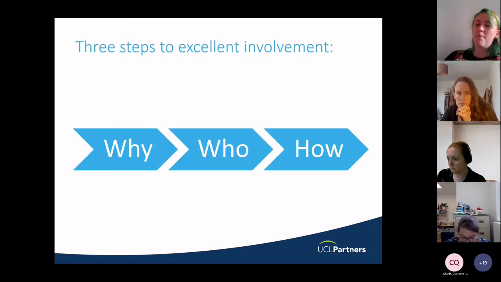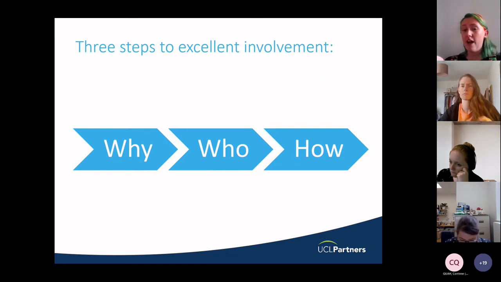So the final step is this: how. This is where you start thinking about designing an activity. Now, for a lot of people, that feels really counterintuitive, that the activity kind of comes last. The reason is that if you start with an activity, you're then going to start wedging in why you're doing it, and who needs to be in the room to suit the activity design, rather than thinking about what am I trying to achieve, and who is it for?